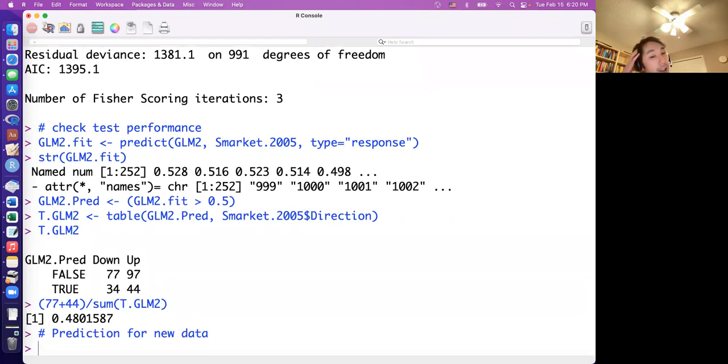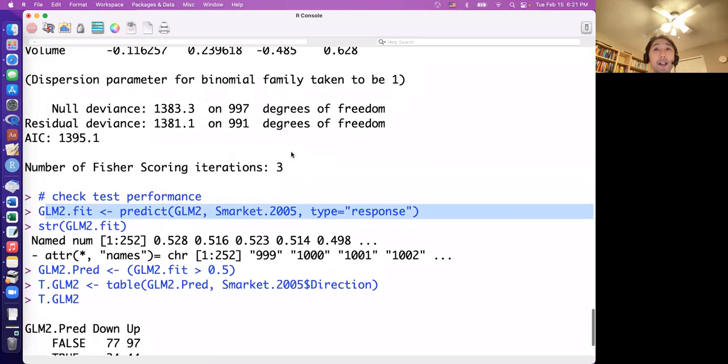Also we want to discuss the prediction for a new data set. So basically the point is that when we want to do prediction such as this, the new data set should have exactly the same format as the original training data set.